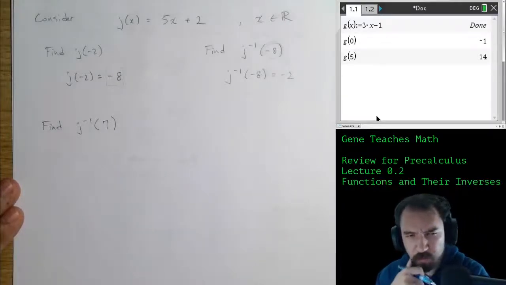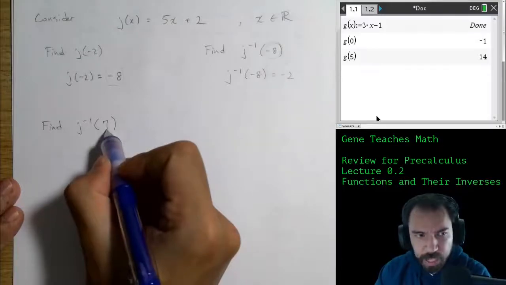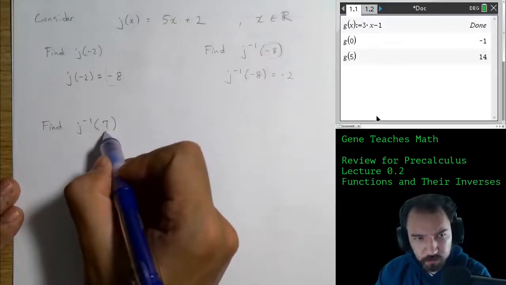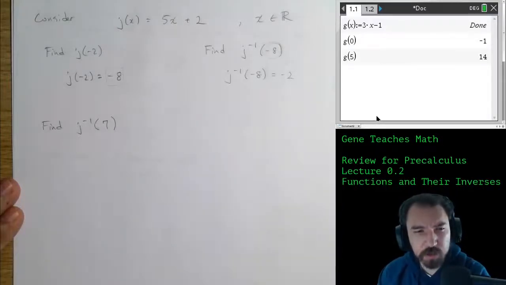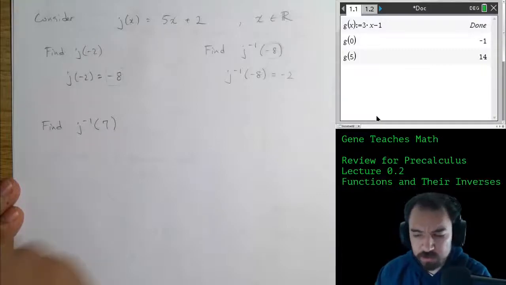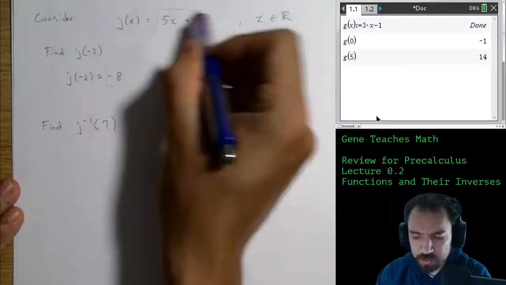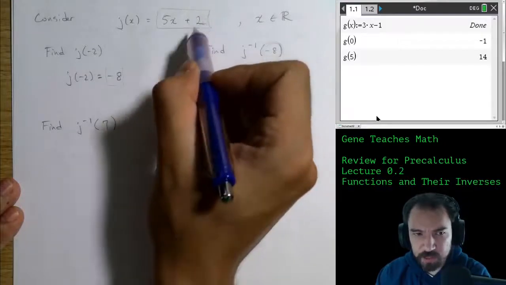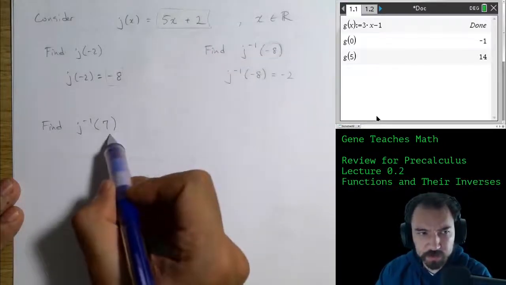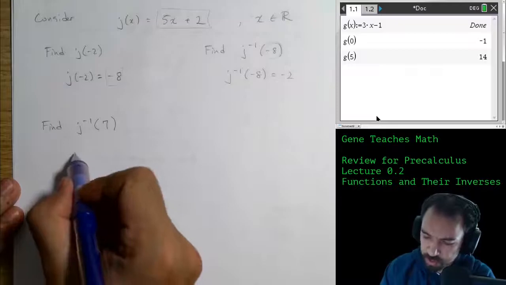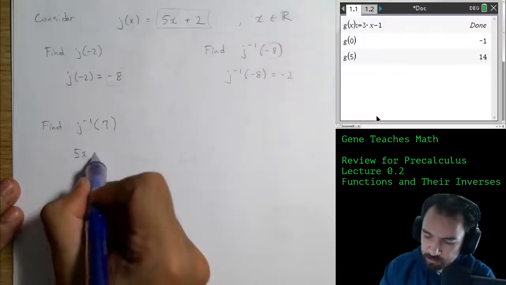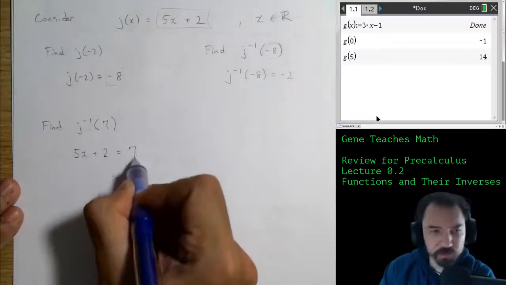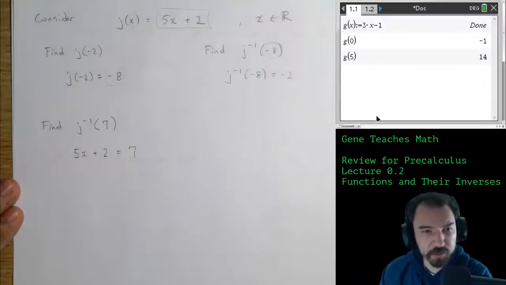Well, that means work backwards. I'm going to start with an output value of 7 for the function j of x. That just means I need to make sure that this expression is going to evaluate to 7. Doesn't that mean I can just say 5x plus 2 is equal to 7? That's exactly what it is, right?